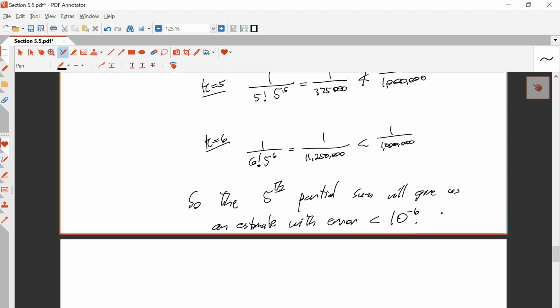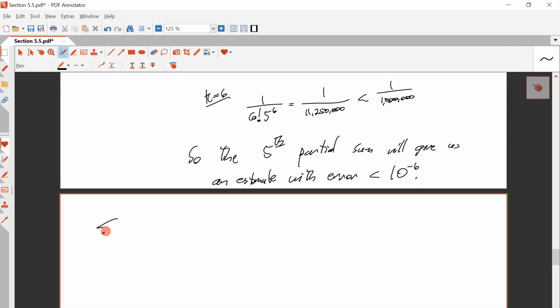The 6th partial sum will as well, because the error just keeps getting smaller and smaller. But you can go down by 1. So I mean, you can do the 6th partial sum if you want, but the 5th will suffice.